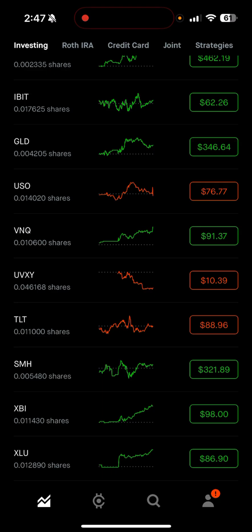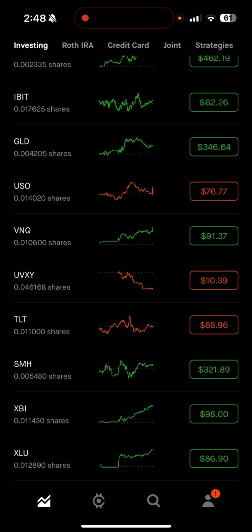IBIT is your Bitcoin, GLD is gold, USO is oil, VNQ is real estate, the VIX is your fear index, which moves opposite. There's negative correlation to the stock market. TLT is your bonds, SMH is semiconductors, XBI is your biotech, and XLU is utilities.